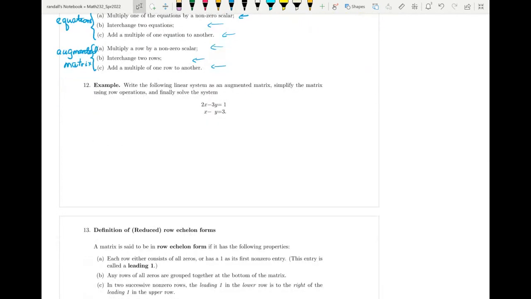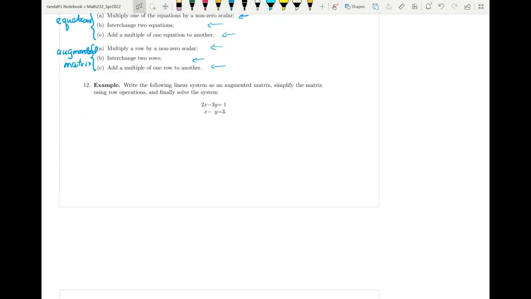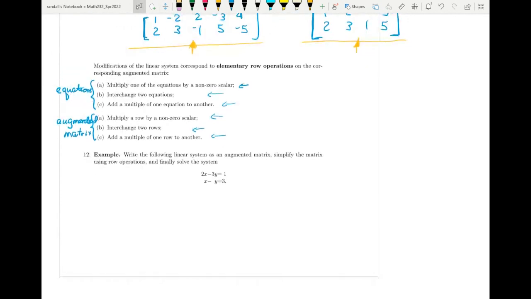So let's do an example where we simplify a system of equations by applying these elementary row operations, those 3 that we listed there, A, B, and C. Let's do that here for this system of 2 equations and 2 unknowns. So we begin with the augmented matrix, so 2, 1, minus 3, minus 1, 1, 3.